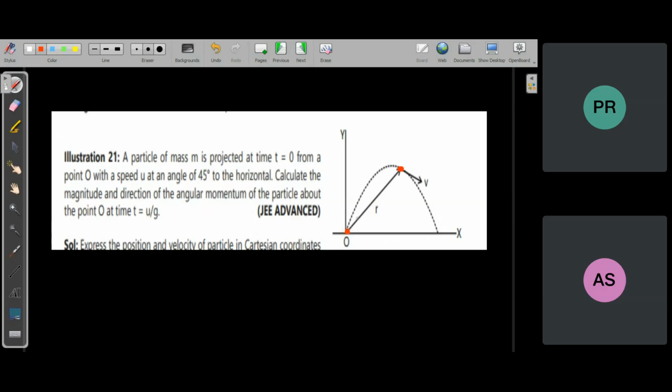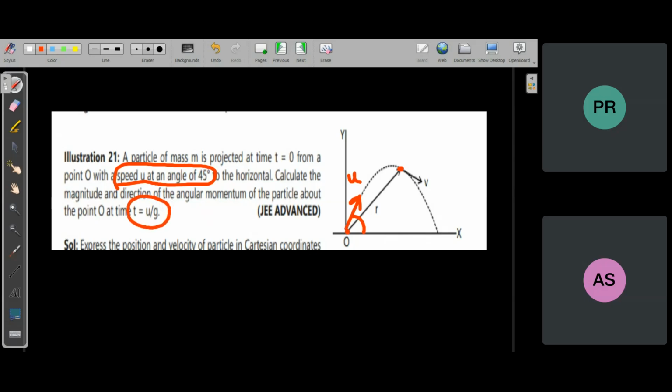So simply what you have to do is r cross p. But here, what is given is that it is projected with a speed u at an angle of 45 degrees. Now this is the time t equal to u by g.